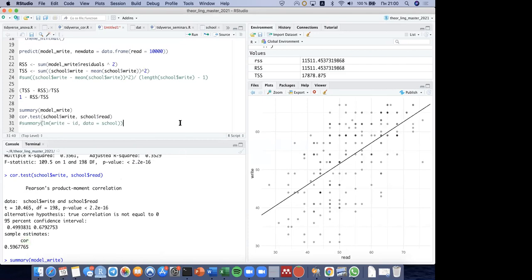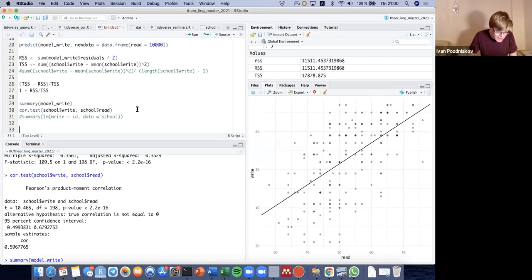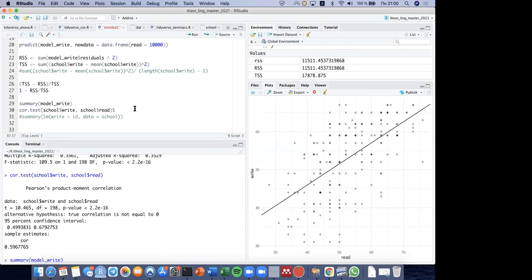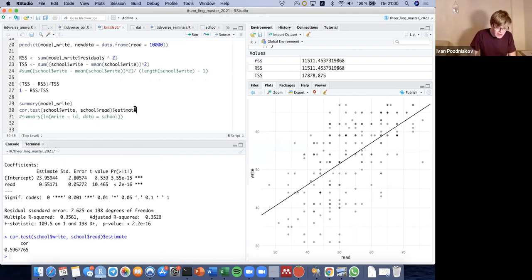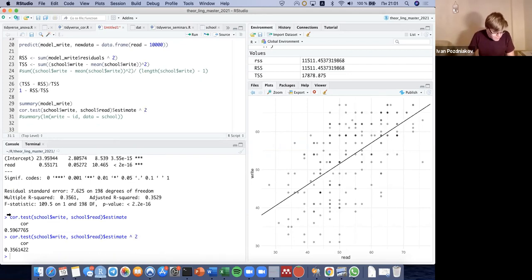I mean, exactly, right. Yes, yes. So if you take just this coefficient estimate, I suppose, and get the square of it, you will get R squared. So for simple linear regression with one predictor, this multiple R squared is just the square of the correlation coefficient.